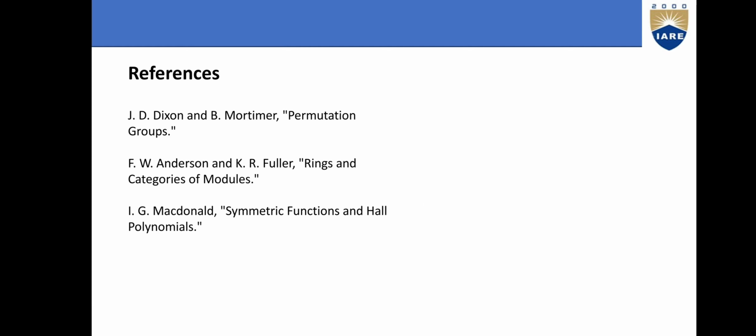References. We have three references here. The first one is J. D. Dixon and B. Mortimer. The title is Permutation Groups. The second one's authors are F. W. Anderson and K. R. Fuller.